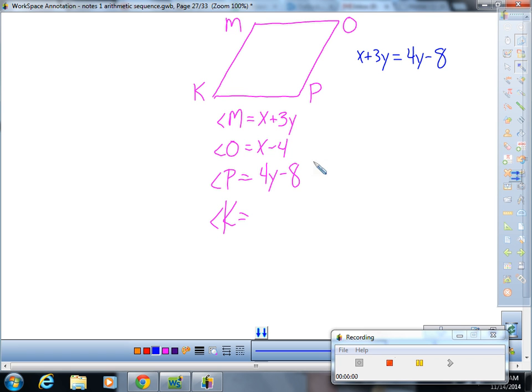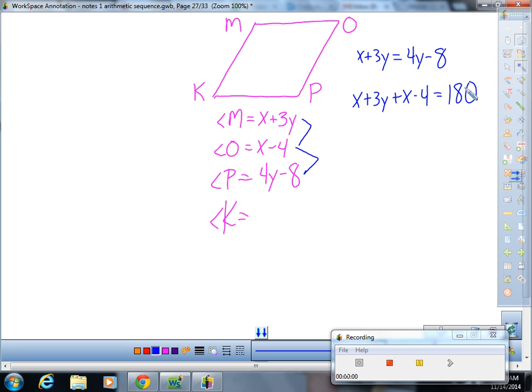I could have said that this plus that equals 180, but then I'd have two equations with two variables, which we can handle. But the easier one to do, oh no, they're both going to be systems. Sorry. So I'll go like this. x plus 3y plus x minus 4 equals 180.